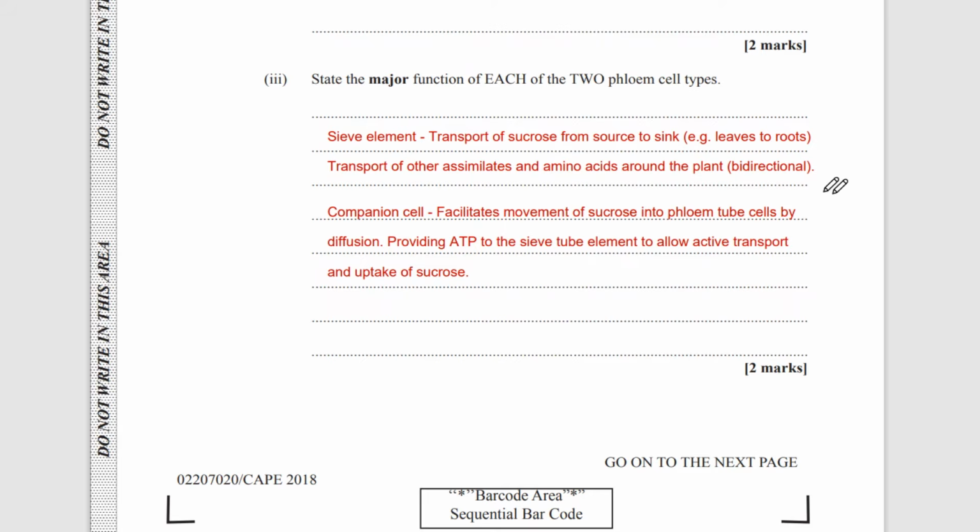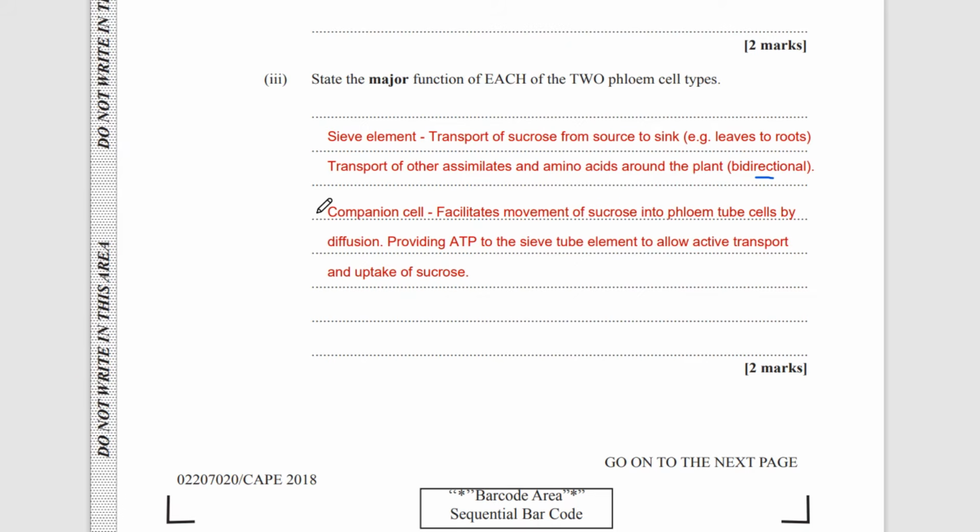It also transports other assimilates like amino acids, and it does this in a bidirectional manner. Bidirectional means it could transport up the stem or down the stem, unlike the xylem, which could only go up the stem, because the xylem relies on transpirational pull.